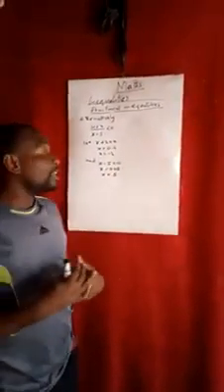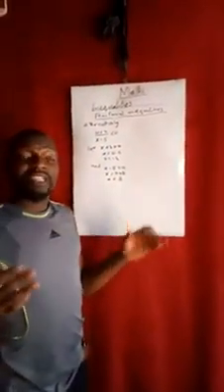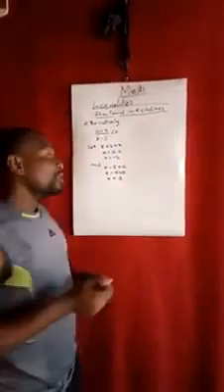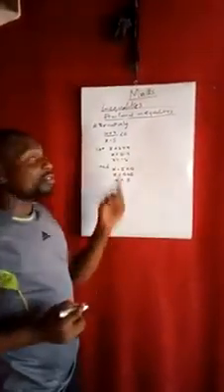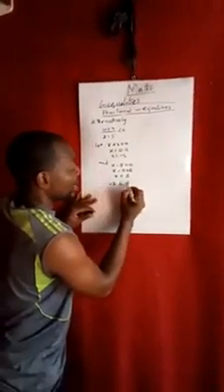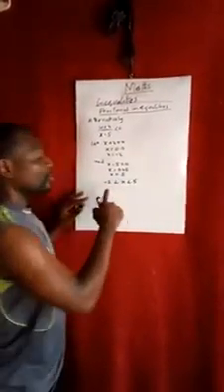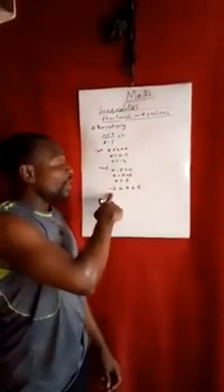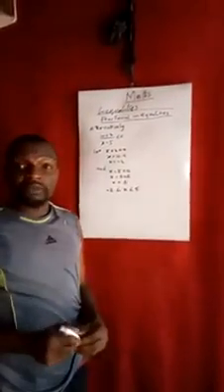Like I said, your x will lie between the least and the highest value. So the range of x that will satisfy this inequality is minus 2 less than x less than 5, because minus 2 is my least value of x, while 5 is my maximum value of x.